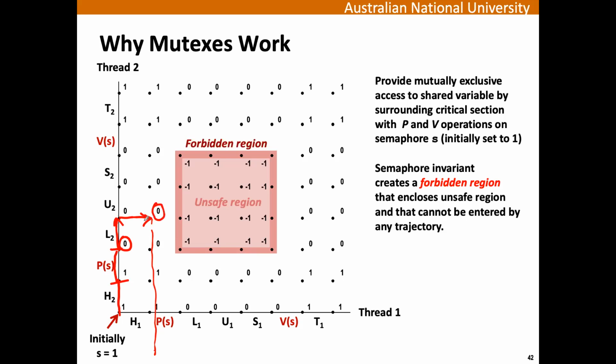Thread 1 will suspend itself and wait for a V operation. So one trajectory that is correct is you go all the way here, you do a V, which makes the semaphore 1, and then thread 2 can do the P and V operations.